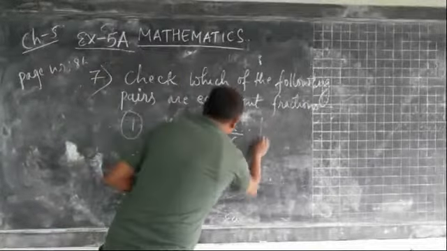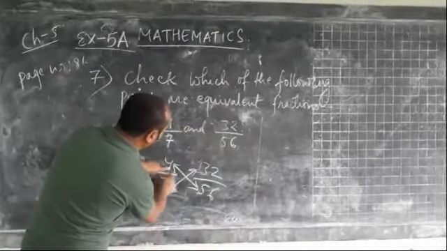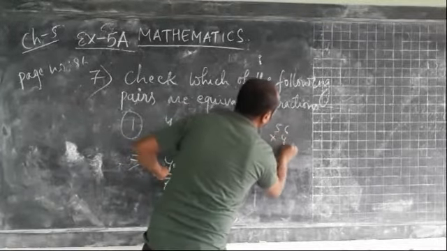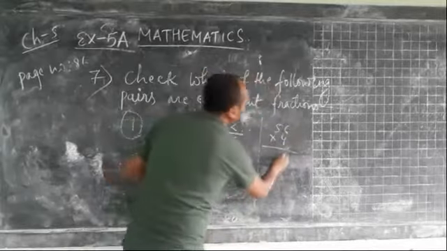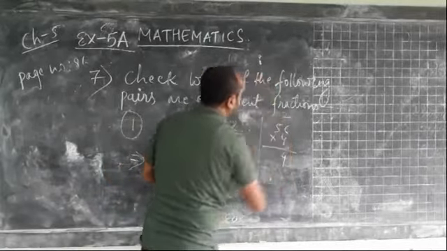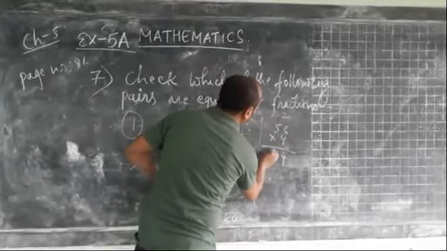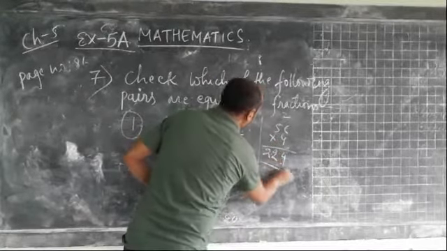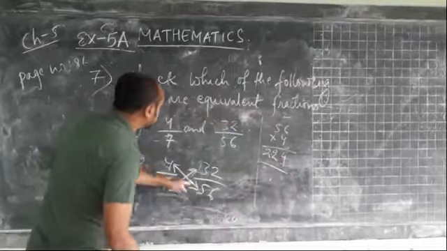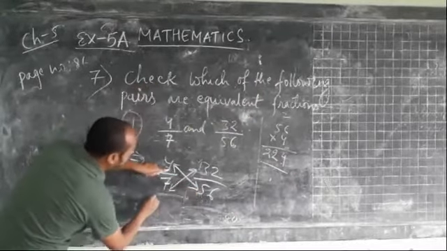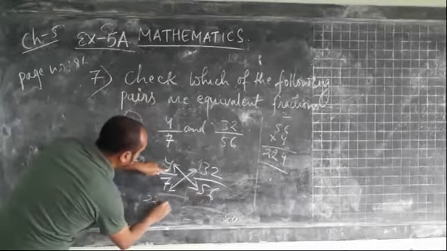Let's try. I will multiply 4 and 56. 56 into 4: 6 fours are 24, write 4 carry 2; 4 fives are 20 plus 2, 22. So in the first case, 4 and 56 give 224.